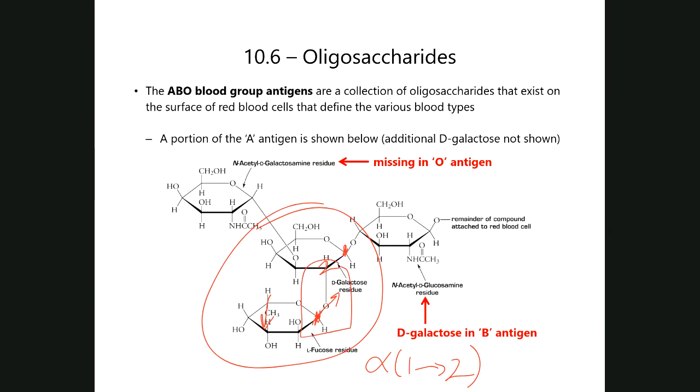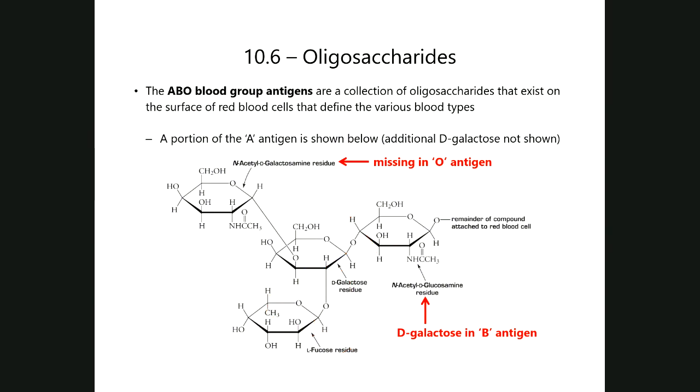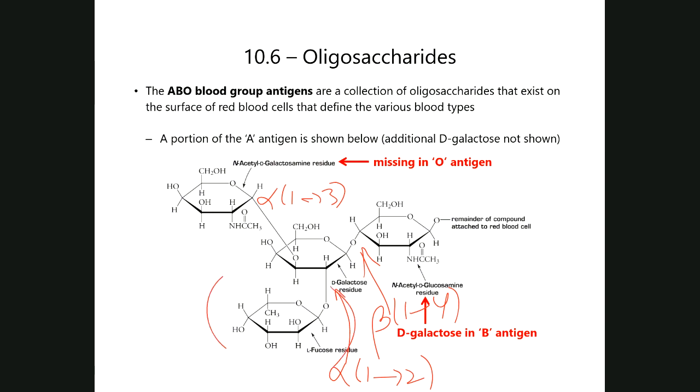Let's recap this. This one was alpha 1 to 3. This one was beta 1 to 4. And this one is alpha 1 to 2. Okay? And other than the fucose, which we would give you, you need to be able to stand back and identify, what is this?